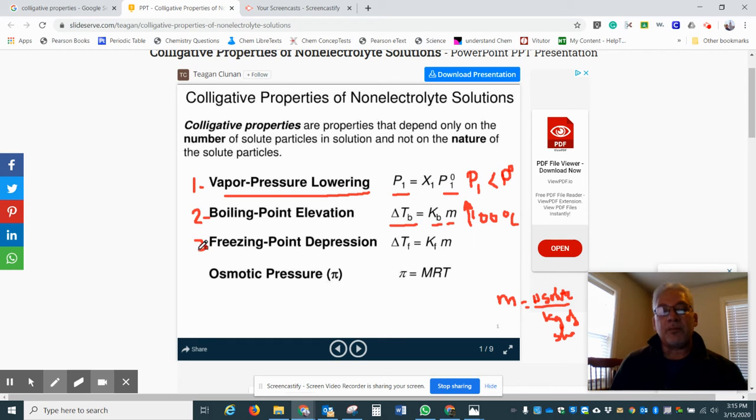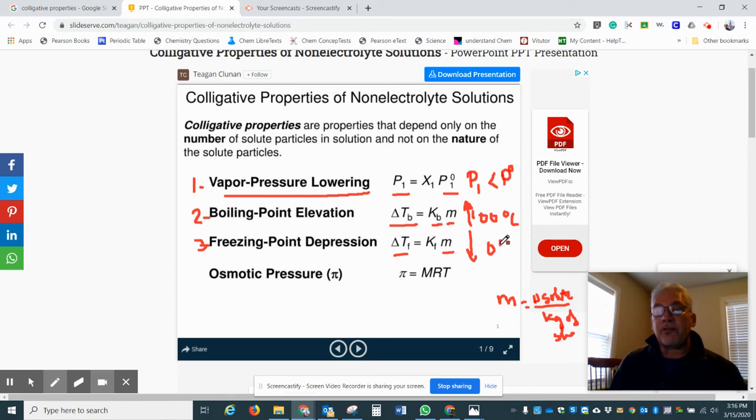For freezing point depression, that's another colligative property that we are familiar with, because when there is snow and the streets, highway or road freeze, the city adds salt to the road in order to melt the solid water, which is ice. The reason is that when you add a solute to, for instance, water, the freezing point will go down.